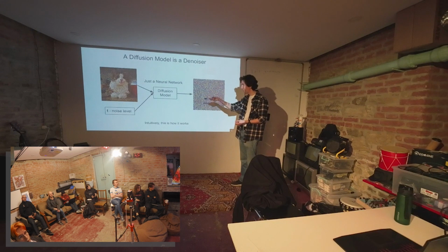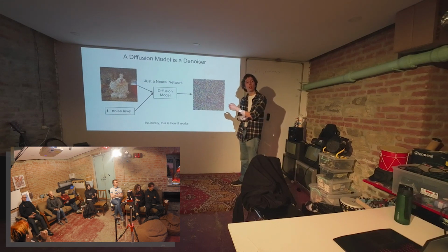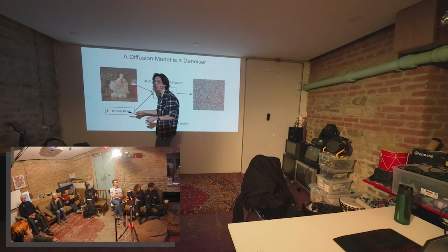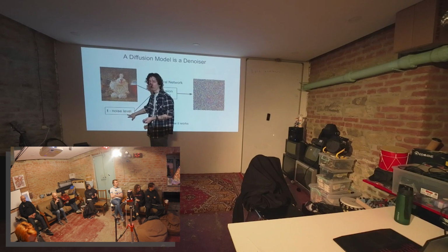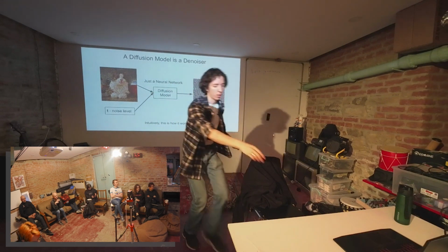Or you invert it? No. This is what I'm talking about. We have the noise level, which is a scalar, like 0.5. This is just one value. We don't have noise here, this is just 0.5. One second.